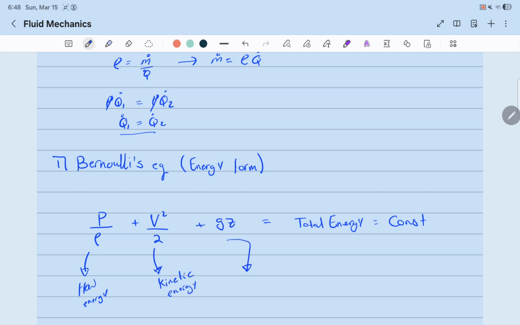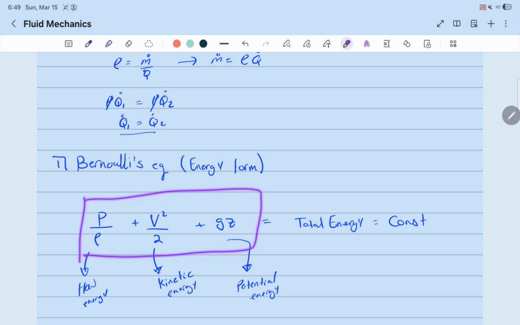And the third term is the potential energy. Now all these three terms put together at one point equal the total energy, which also equals the total energy at point 2. And that's the reason it's a constant.